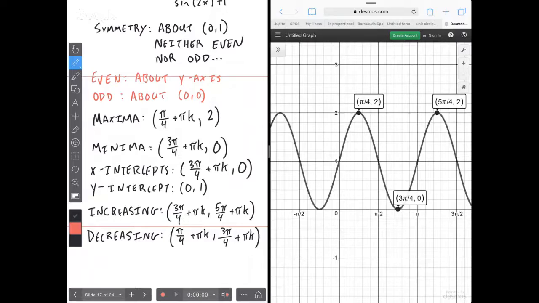Let's see, did I miss anything? No asymptotes on sine and cosine, right? That's all of it?